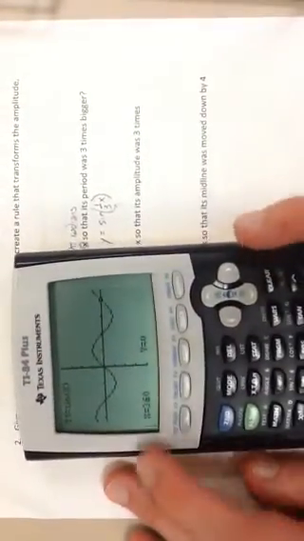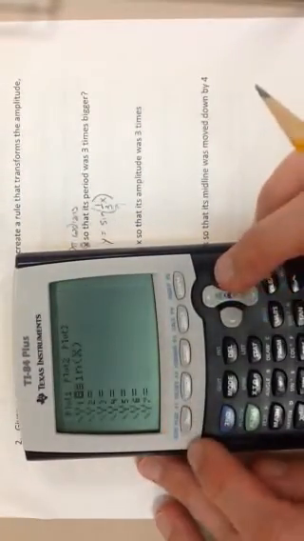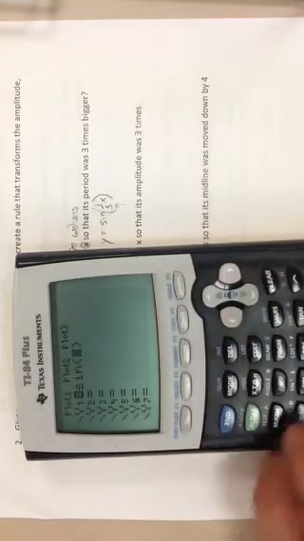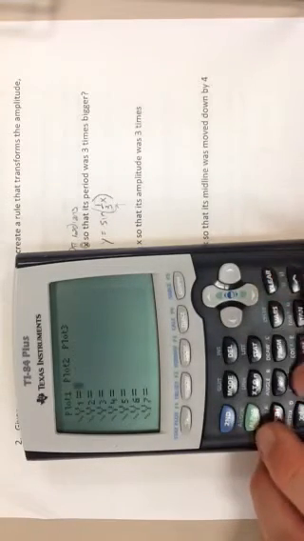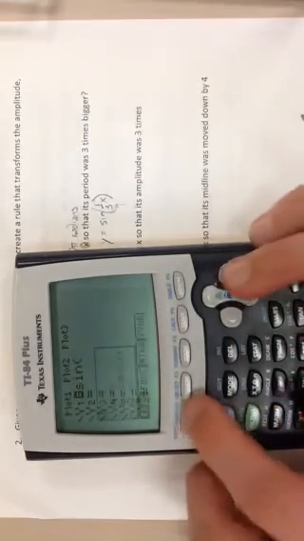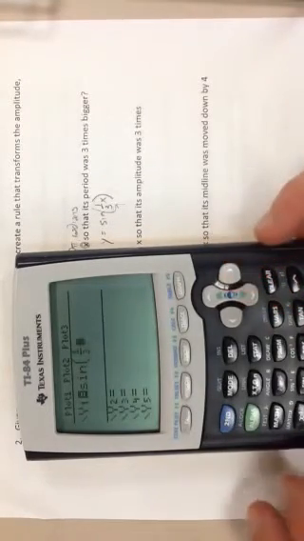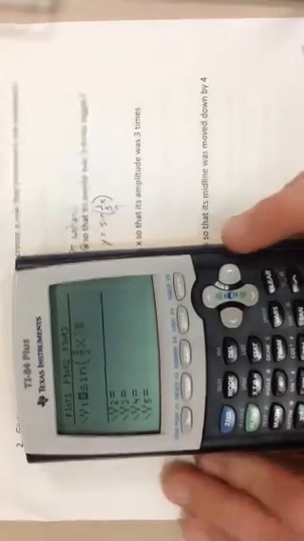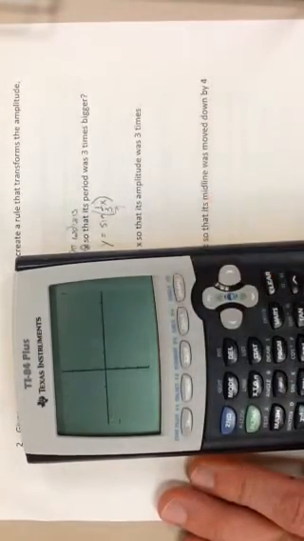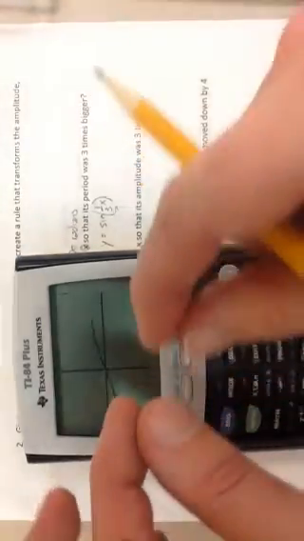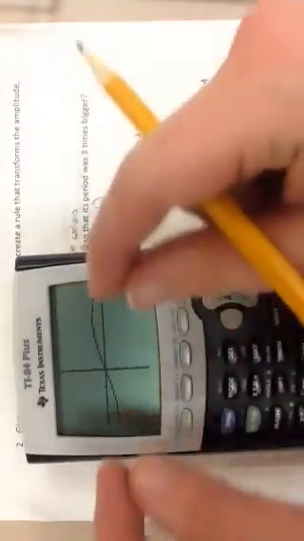And then you want to double check your work. You can just put sine of, and let's do a fraction then, 1/3 x, close parentheses, and let's graph it. And if you notice, this has definitely stretched the graph out, right?